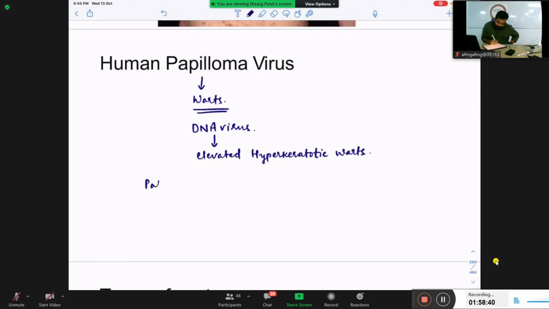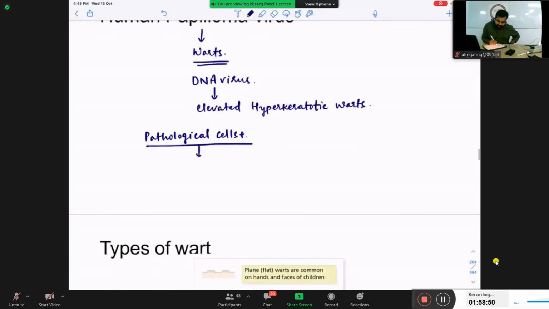What are the pathological cells present here in pap smear? What we look for are the koilocytes.